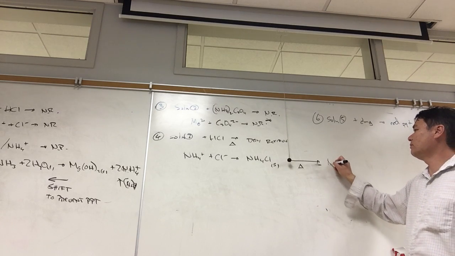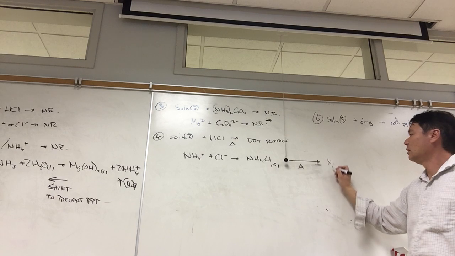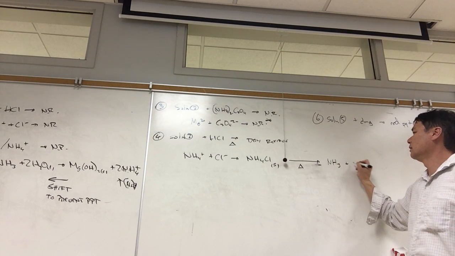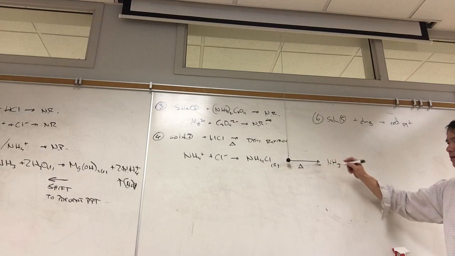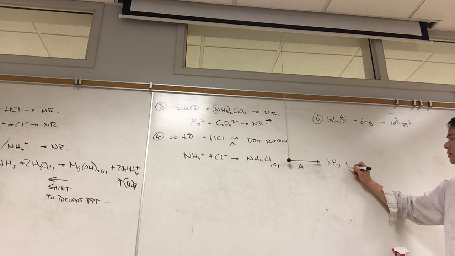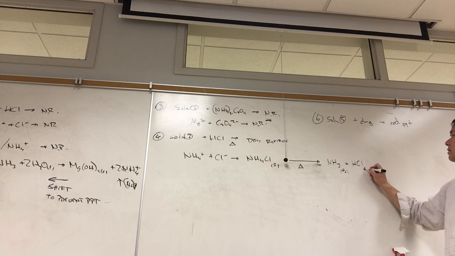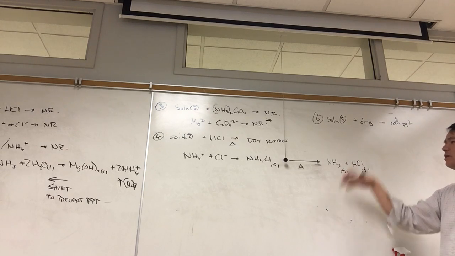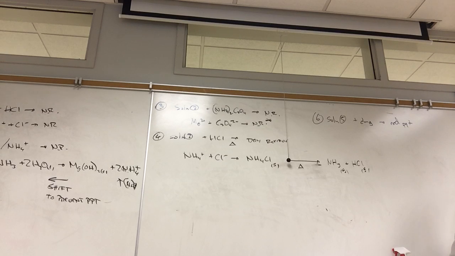What do you think this might decompose into? Ammonia and... if you subtract ammonia out of there, what are you left with? Hydrogen chloride gas. And so hopefully it decomposes into these, and those get vaporized off, and then I can add the nitric acid.